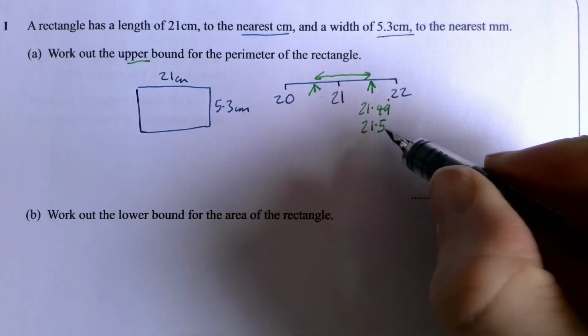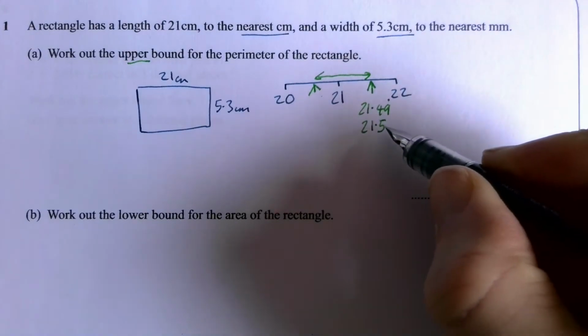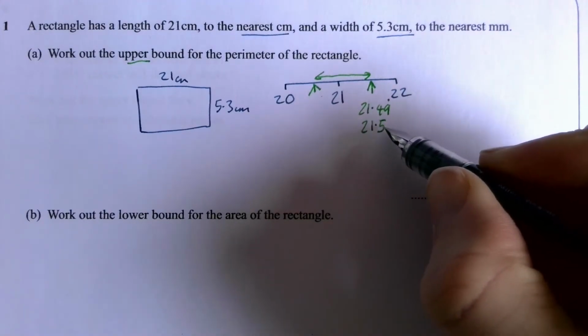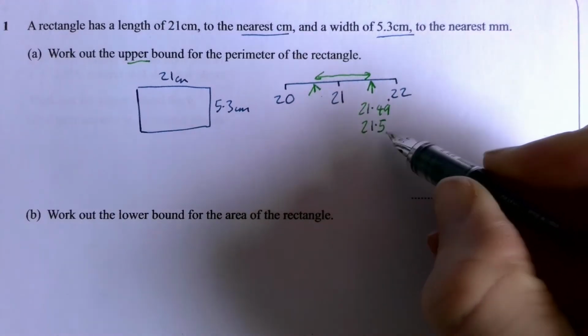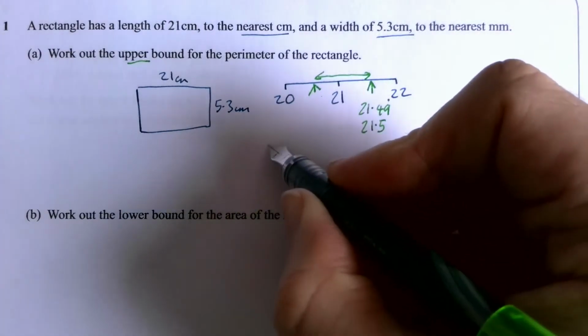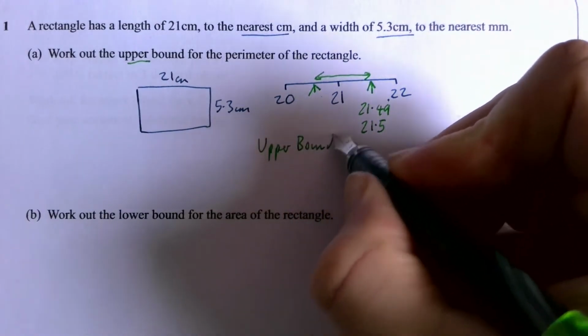So this is the flip point at which you start rounding up to 22, but anything right up to it could be going down to 21. So that's what we call the upper bound, which is 21.5.